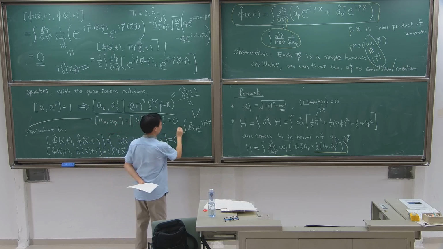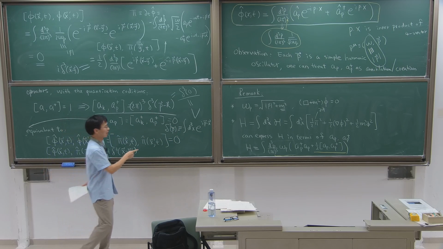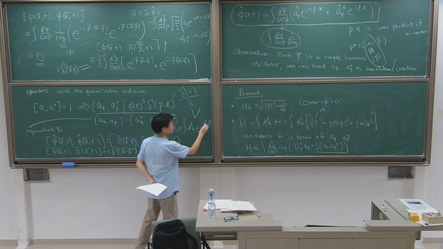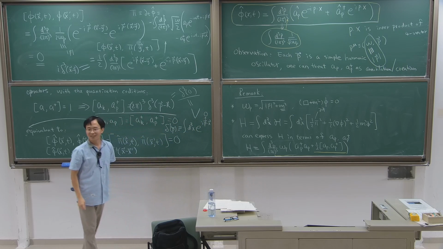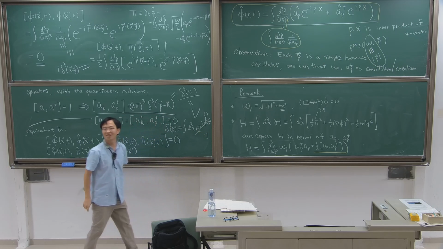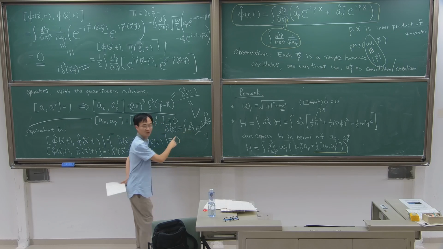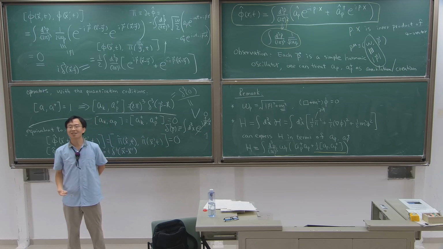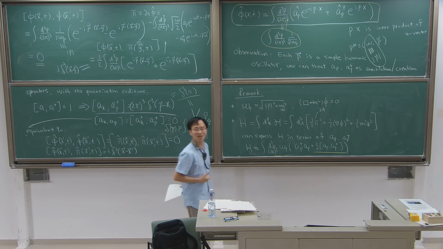This gives delta p. Now I want to set p equal to 0, which means setting the exponent equal to 0. So when you set p equal to 0, this becomes the identity. Then you integrate the identity over three-volume. What do we get? We get the volume. So this is V.